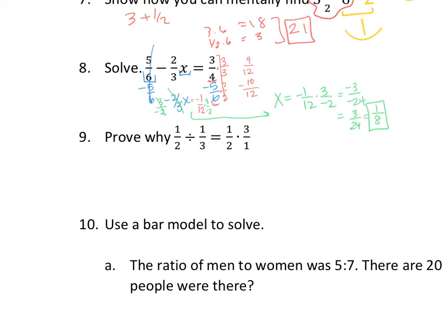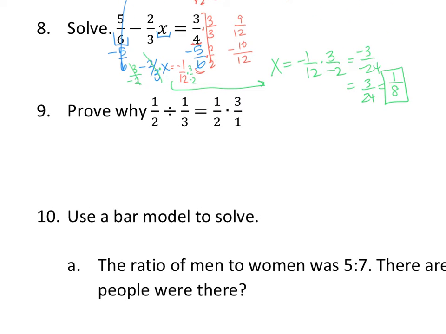All right, for number 9, we want to prove why when we take 1/2 and divide by 1/3, we can actually rewrite it as this multiplication by the reciprocal. Now, we showed a couple of different ways you could do this in class. I'm going to show it by rewriting it as one big fraction. So what I mean is I'm going to write 1/2 divided by 1/3.